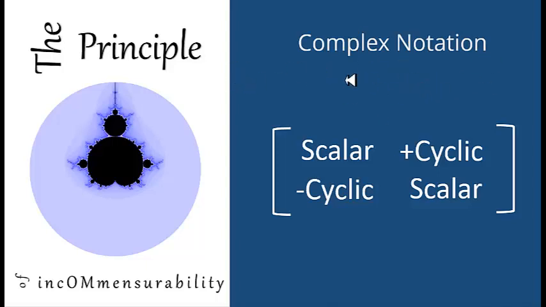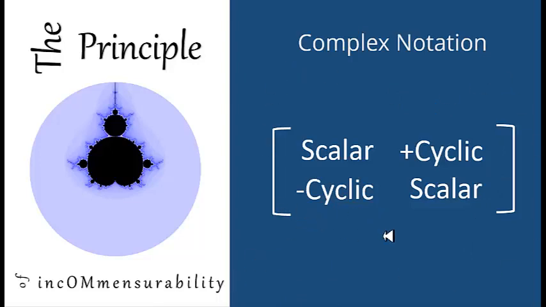As you know, in the complex notation, the scalar is on the forward diagonal, and the thing that is cyclic, the thing that has positive and negative, or maybe clockwise, counterclockwise, the thing that can have opposite sense goes on the backward diagonal. I just want to point out that this is just a notation that I'm using. I'm not saying that you can use this mathematically necessarily, although I'm not ruling it out.